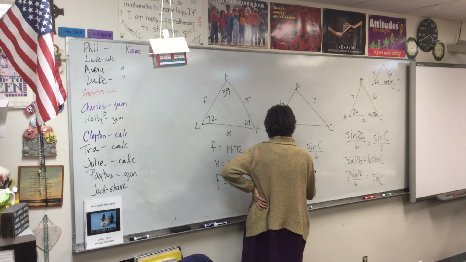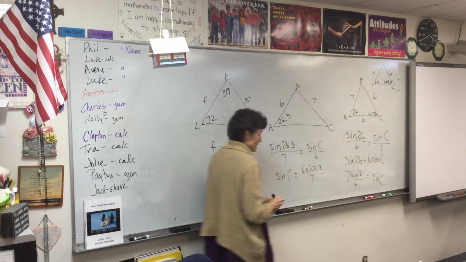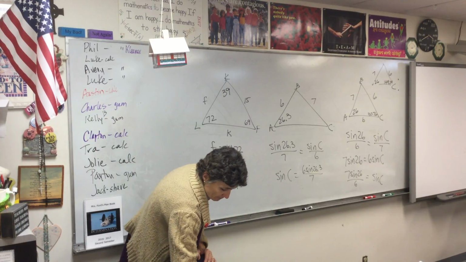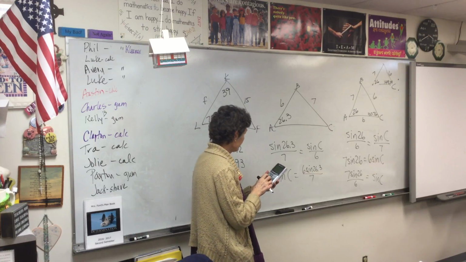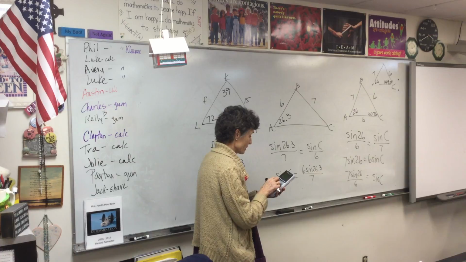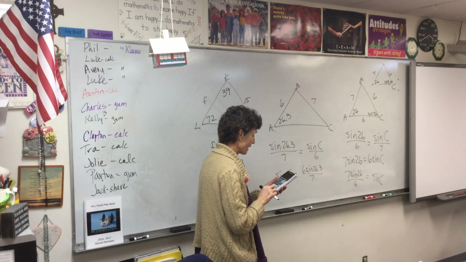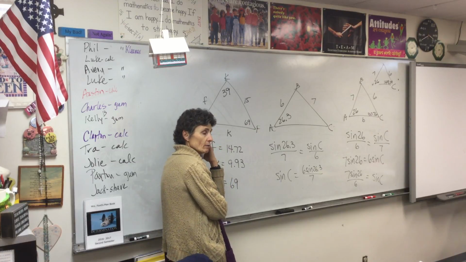So sine C ends up being 6 sine 26.3 over 7. All right, so let's find angle C. I cross multiplied and divided. Don't forget you have to second sine.